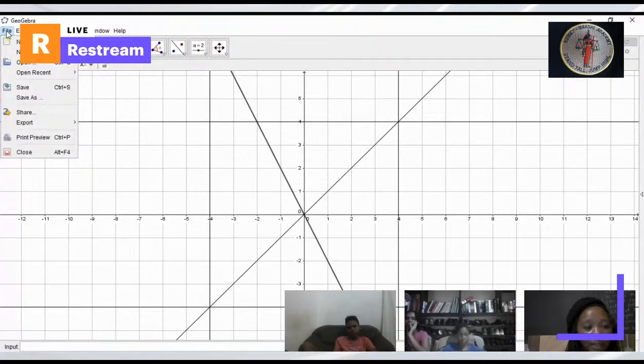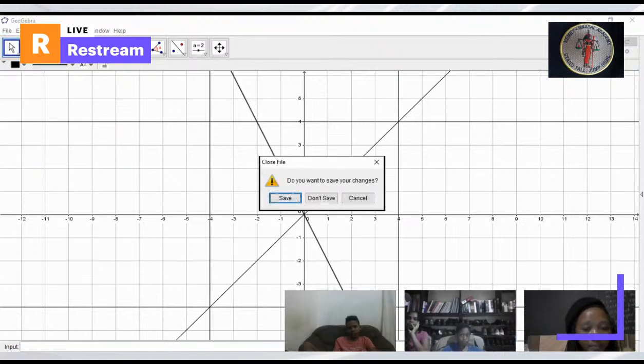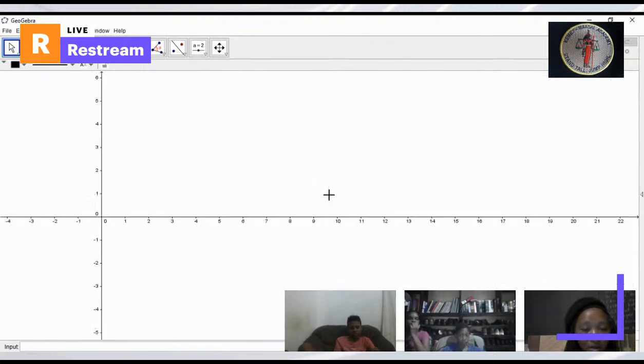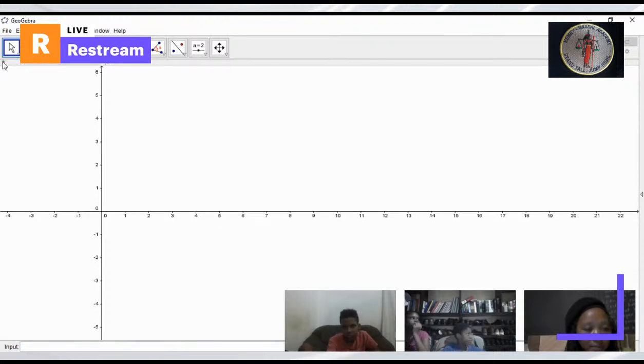And we're going to practice reading some points. So I'm going to plot some points quickly. And you're going to tell me where it is based on the position on the coordinate plane.